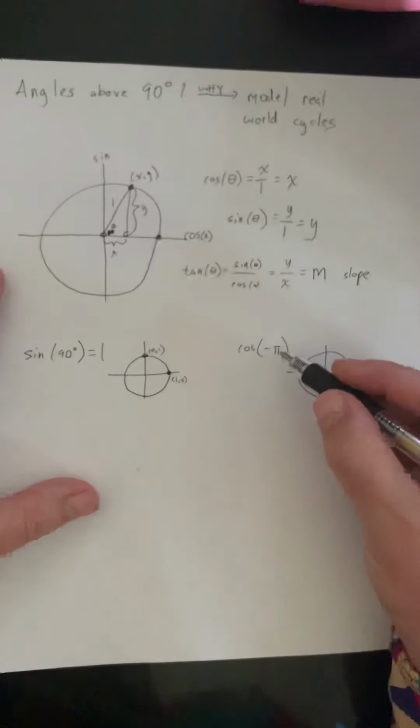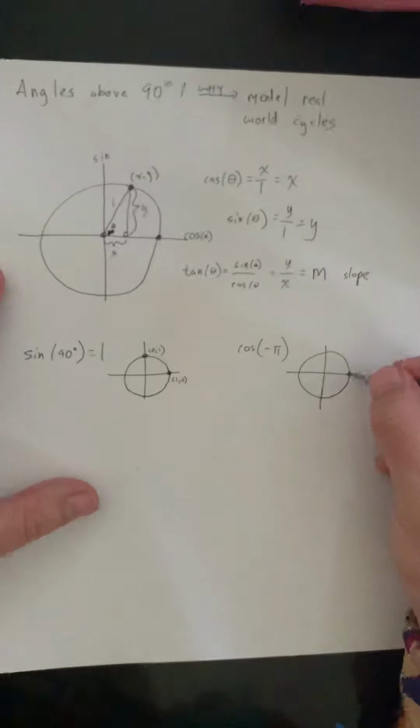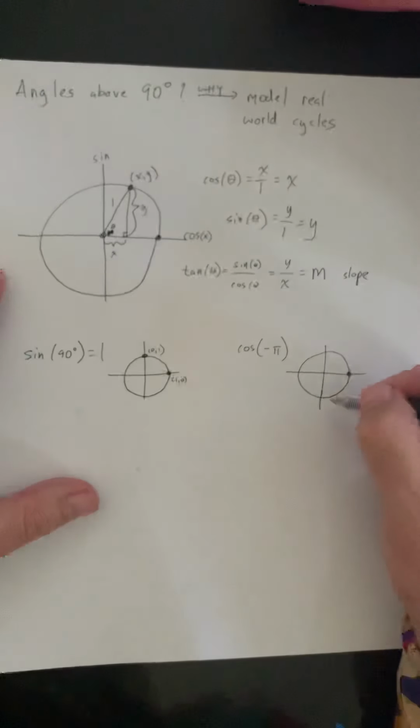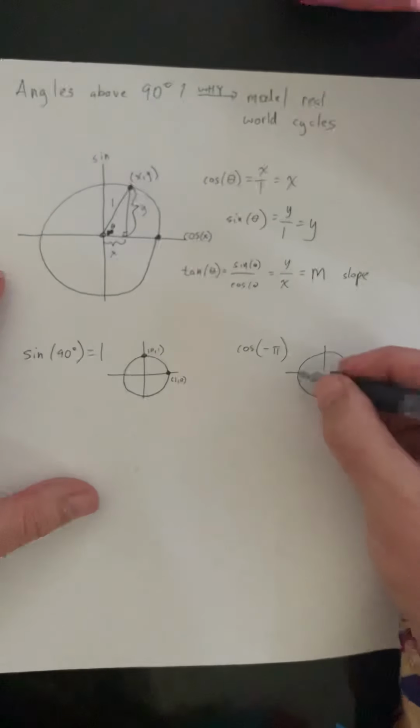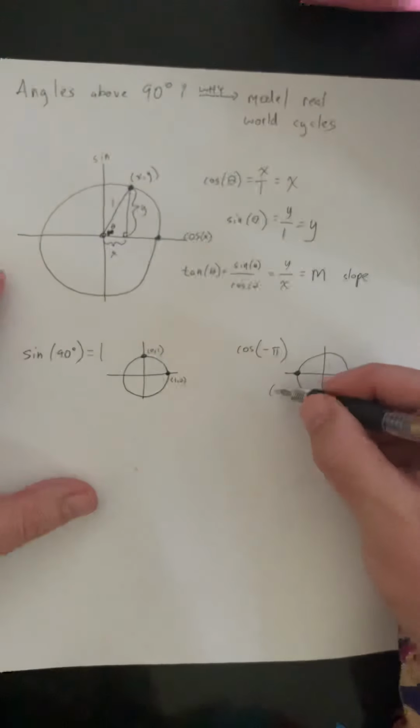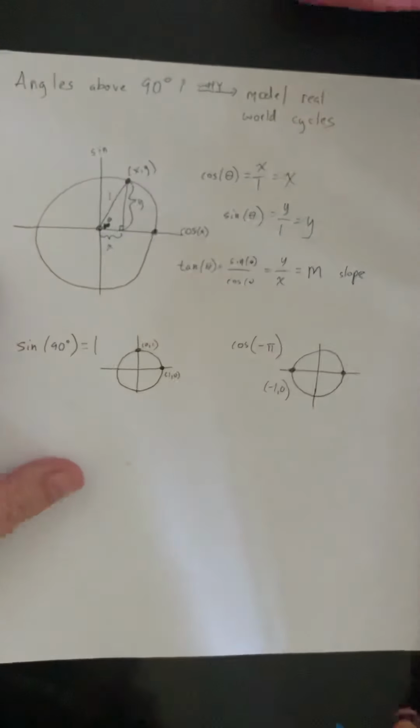What does it mean for us if the angle is negative here? We simply have a way to address that. It just means we rotate in the opposite direction. So rather than rotating up or counterclockwise, if you have a negative angle, you rotate down or just normal clockwise. And if we do that, pi radians, also known as 180 degrees, we end right here. That point, we know it as the coordinates of negative 1, 0.